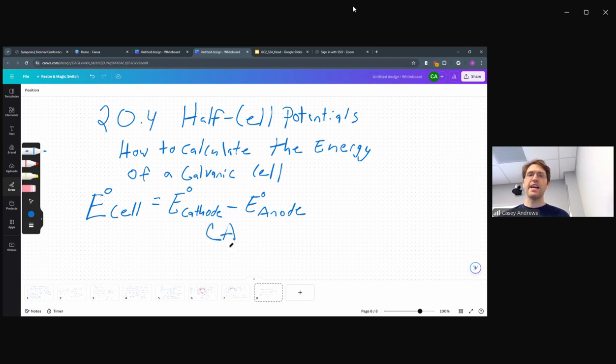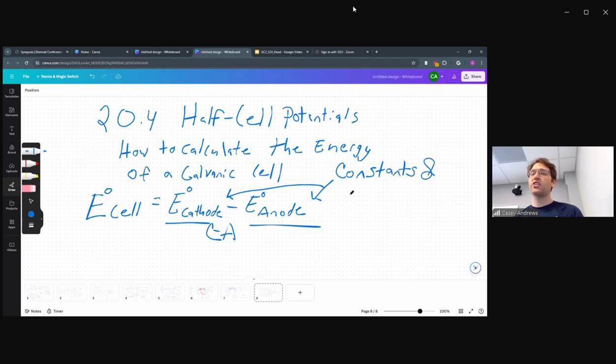So E cell equals C minus A. Cathode minus anode. And so where do we find the energy of a cathode? Where do we find the energy of an anode? Well, lucky for you, all of these are constants, and are generally provided.